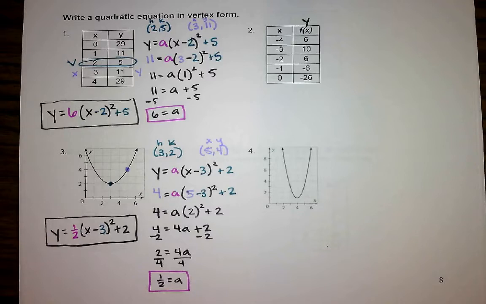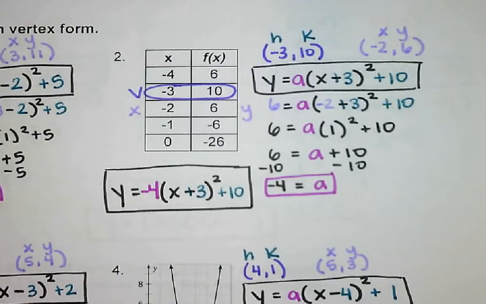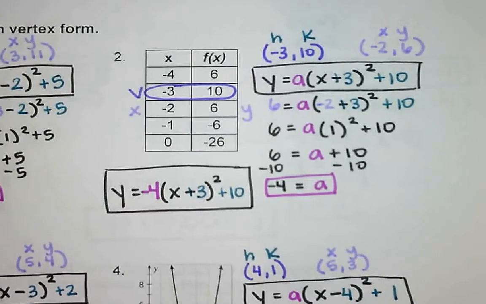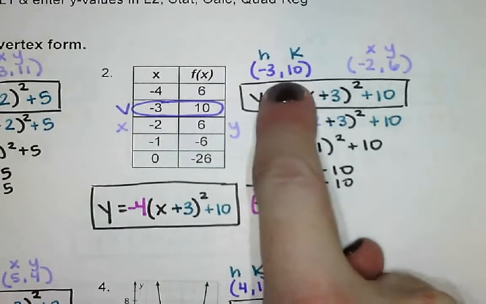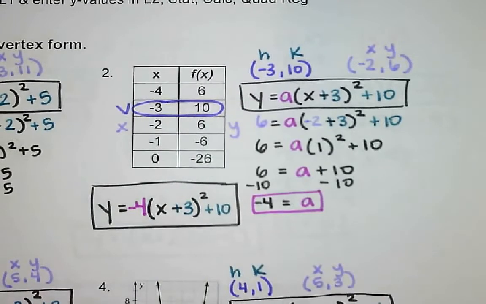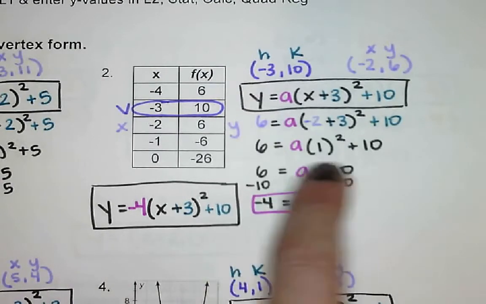So guys, this is the correct answer for number 2 here. All right, guys, you have your vertex of negative 3, 10, and I picked the x and y value of negative 2, 6. You could pick any x and y value to make it work, but y'all, I picked negative 2, 6. We plug that guy in there, and then guys, once we plug it in, we are just solving for our a.